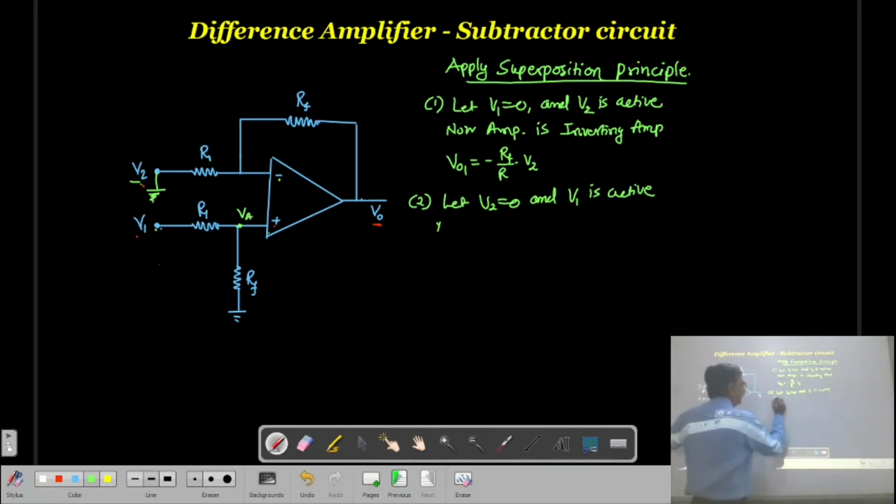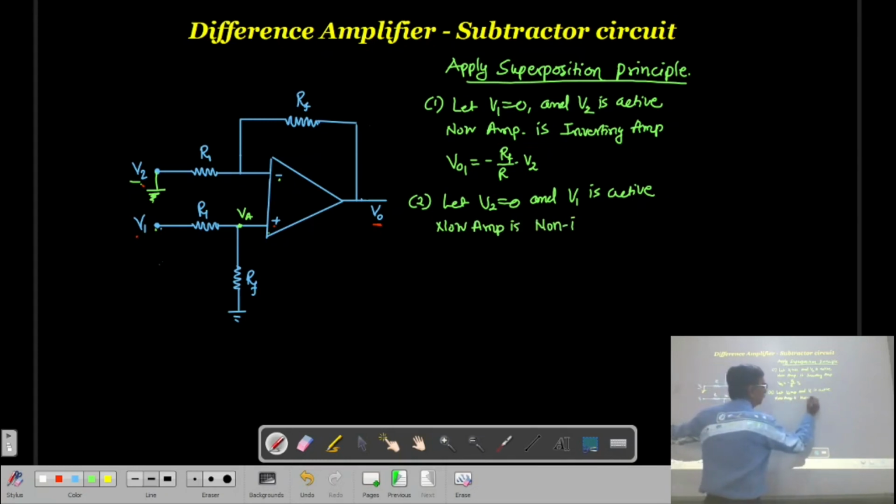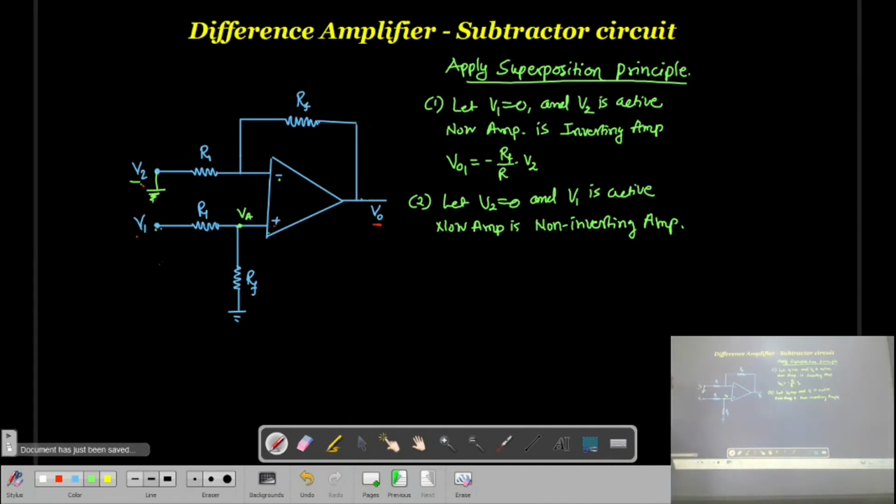So now the amplifier is a non-inverting amplifier. But for the non-inverting amplifier, what is my input?